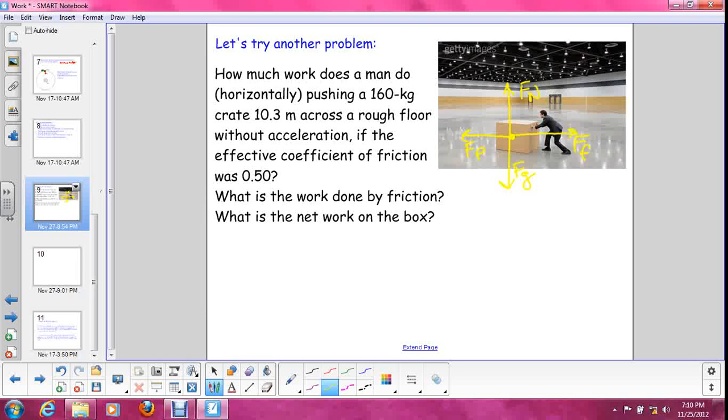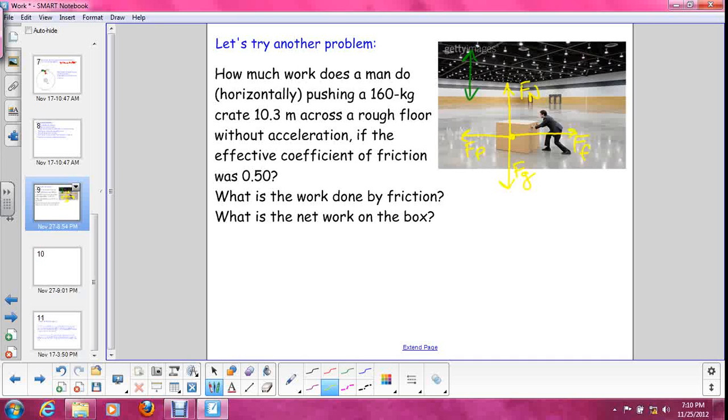And just looking at this, we can actually determine a little bit about the magnitude of these forces. So the box moves horizontally. It does not move up and down at all, which means the acceleration in the y-axis, right?